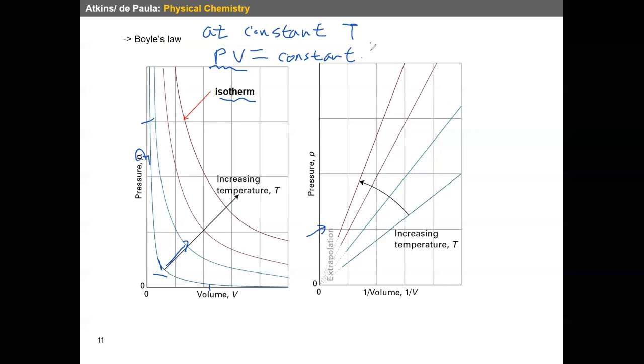What does this mean? Because PV is always constant at a certain temperature, the plot of pressure versus one over volume gives a linear relationship.